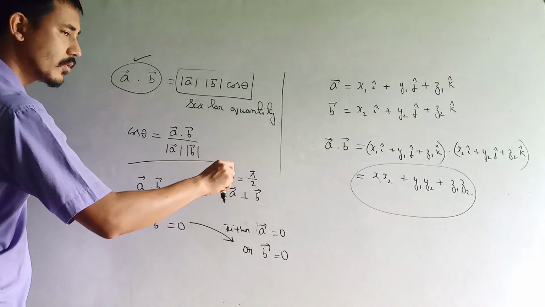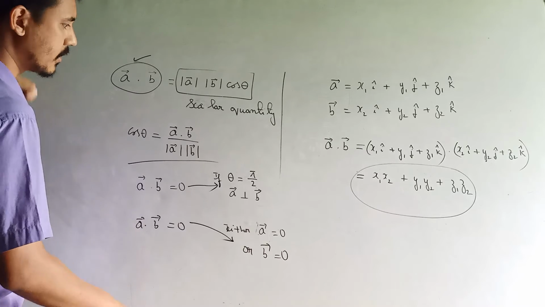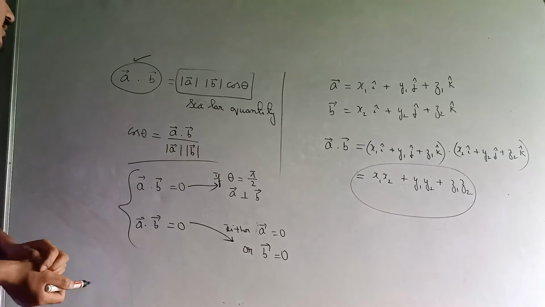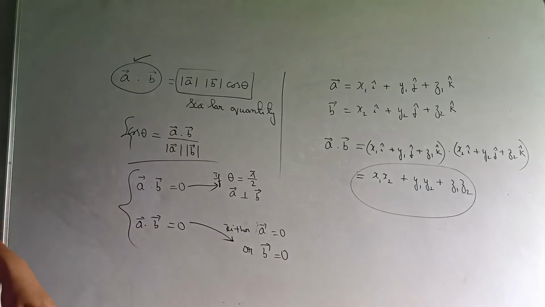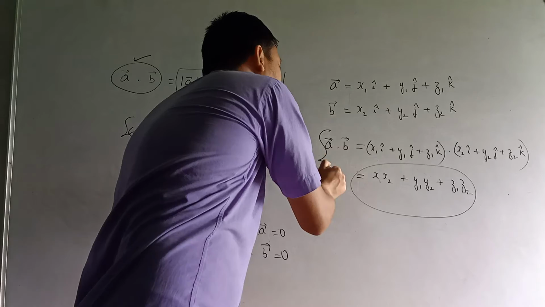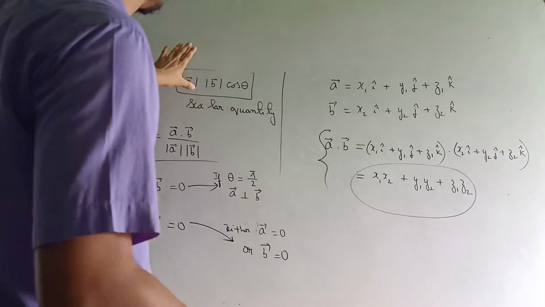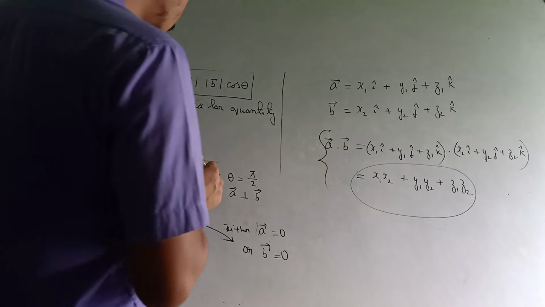But the converse need not be true. In that case, we were going to recall all these derived results. First derived result, second derived result, another way of finding the product. So these three results and the definition, you just keep in mind, okay?